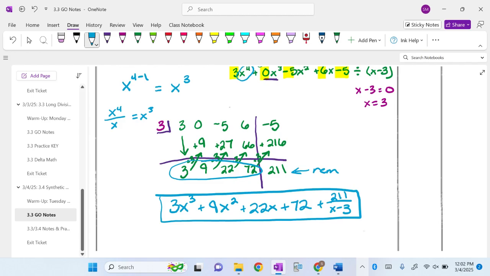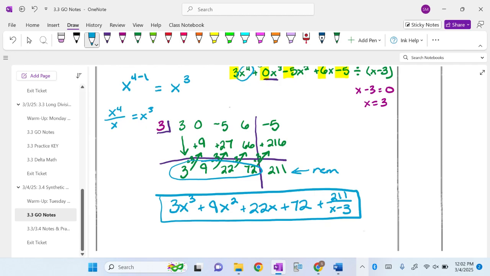Any questions on synthetic division? So again, synthetic is fairly easy, but you can only use it if your divisor does not have a coefficient in front of the x besides 1. If it just says x minus or x plus something, you can use synthetic division.